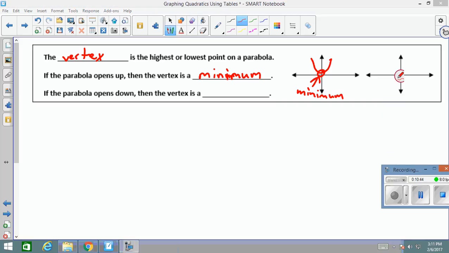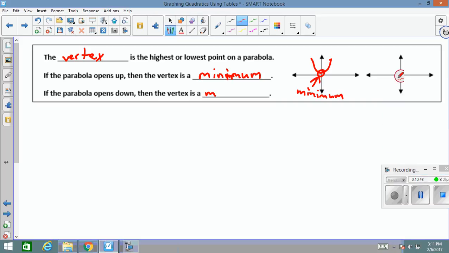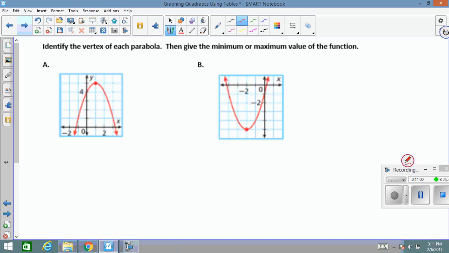Okay, if it opens down, that means I have a maximum, because our point now appears at the top of our graph, our vertex. That point right there is our maximum. Okay, so on the next slide we just need to determine if we have a minimum or a maximum. So we look at the point at the very top there, that would be a maximum, because it appears at the top of the graph. This point right here would be a minimum.